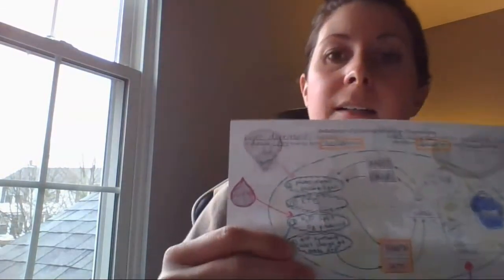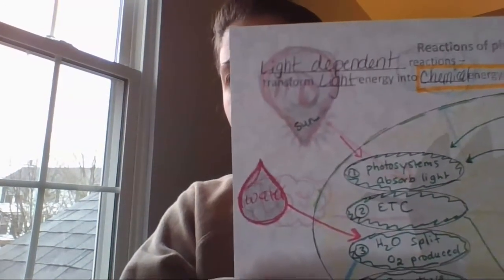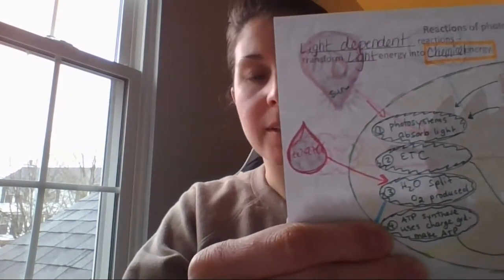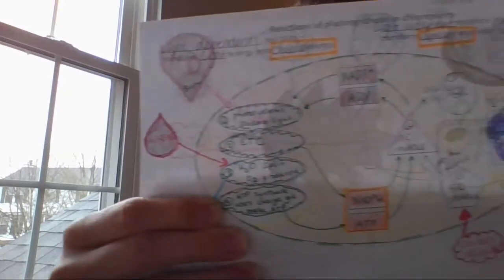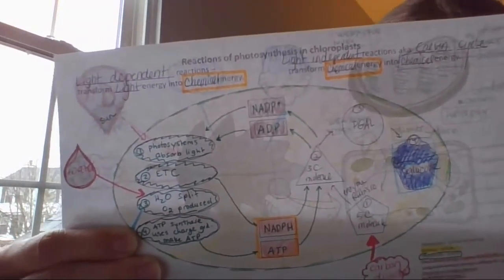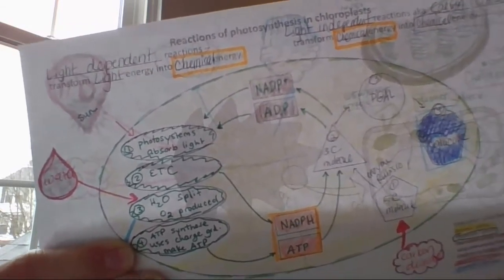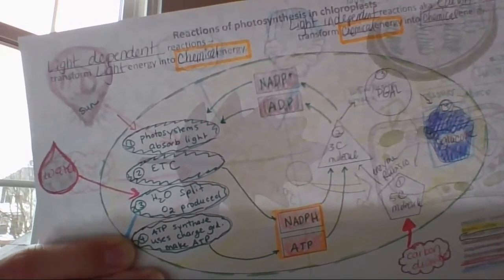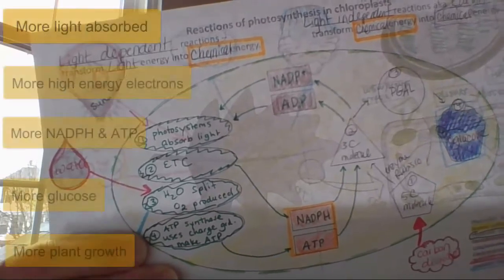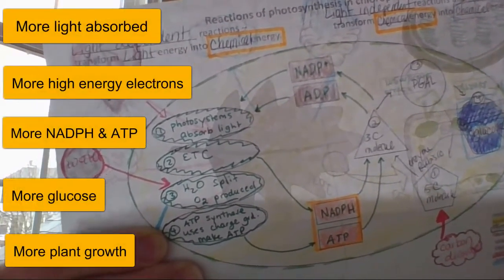Now again, why does the color of the light impact the rate of photosynthesis? If we look again at our diagrams of the light-dependent reactions, you're producing all of those high-energy electrons. You're going to produce them more whenever it's absorbing the light. So if it's absorbing blue light, or violet light, or red light, you're going to produce more high-energy electrons.